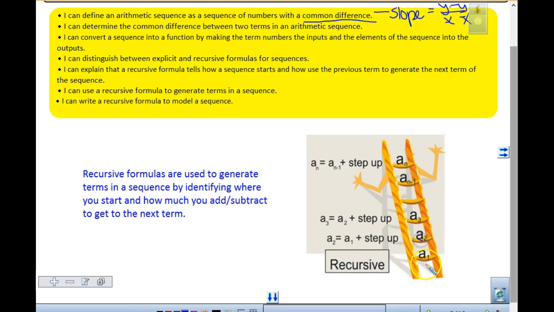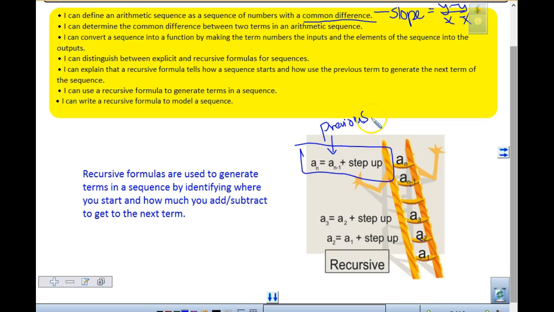If we think of it as kind of stepping up, you have your first number in the sequence, the second, the third, all the way up to, notice this says a to the n minus 1, and then a sub n. This is always your previous one. So when you think about writing that rule, it's always the a to the n minus 1 that is your previous term.